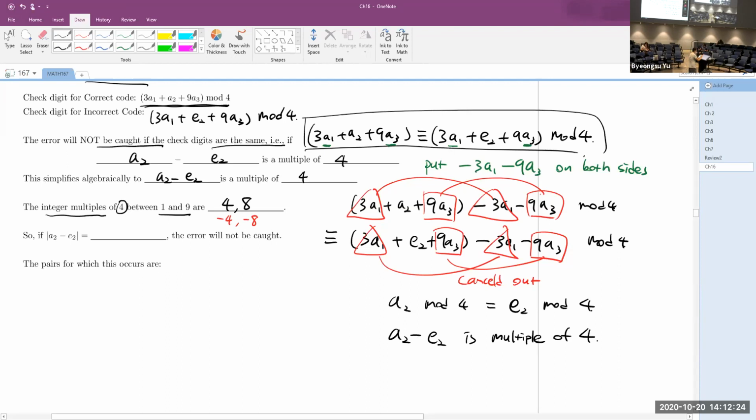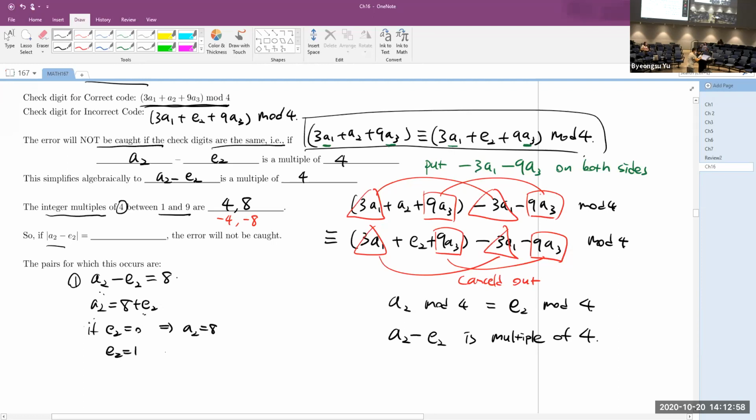So let's check each case, starting with when A2 minus E2 is 8. In that case, A2 is 8 plus some E2 number, right? But E2 is from 0 to 9. So if E2 is 0, then A2 is 8.